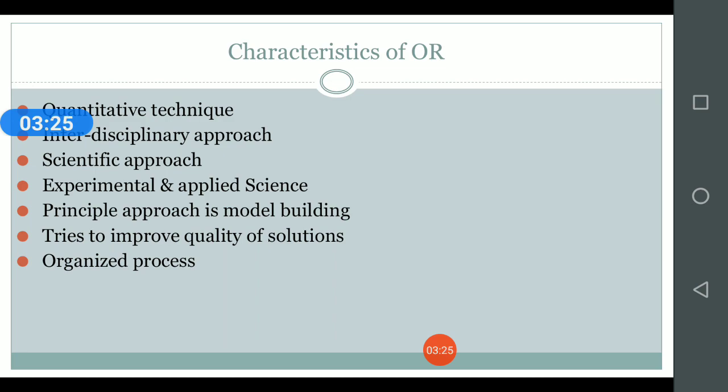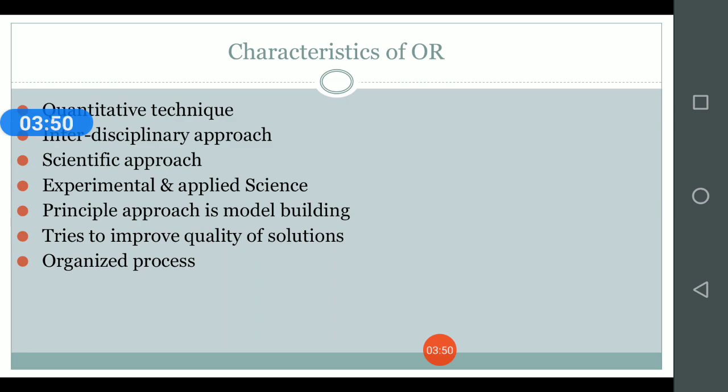It is experimental in nature and an applied science, because it takes into account different theories related to mathematics, and based on those mathematical theories and on the basis of experimentation in the organization, we can easily deduce the best alternative to be chosen.